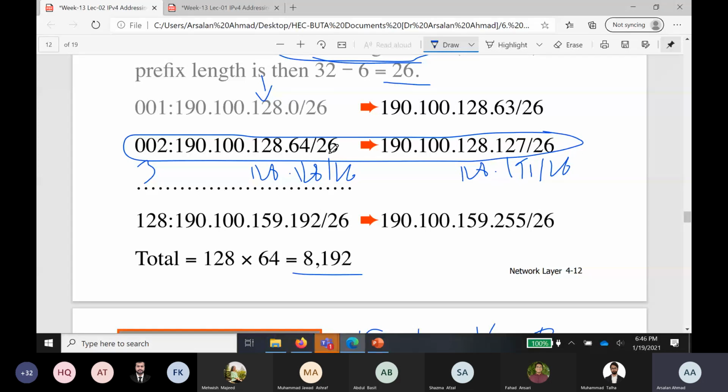It tells you that my subnet mask is 255.255.255.192. And if any address comes from this range and you perform the logical AND, you will get the correct network address.